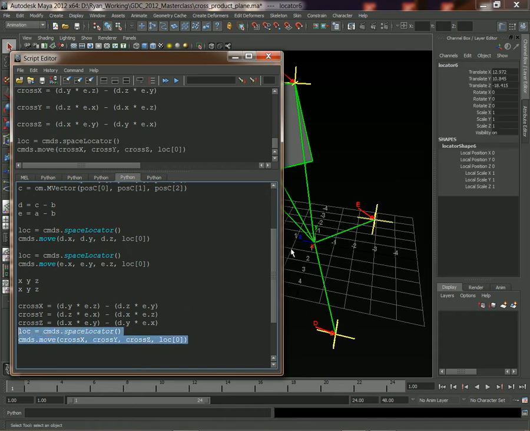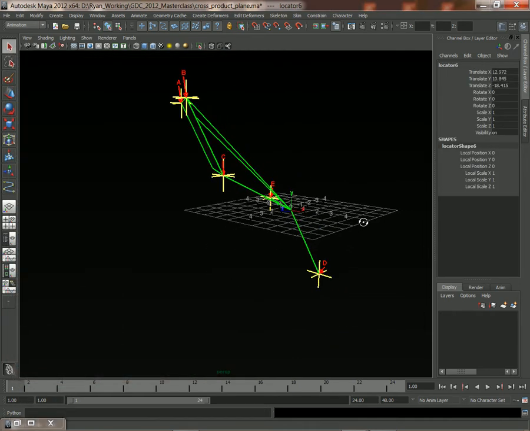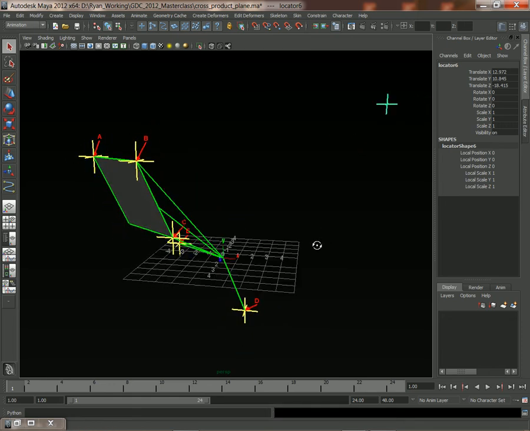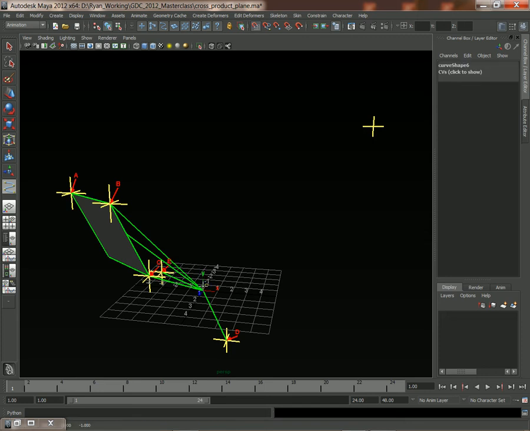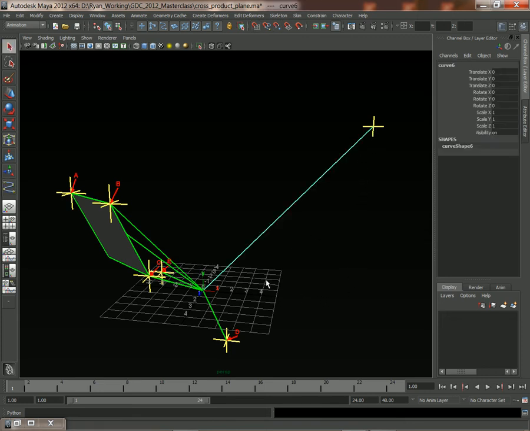And that gives us a locator, should be way out there. And then that's our vector.